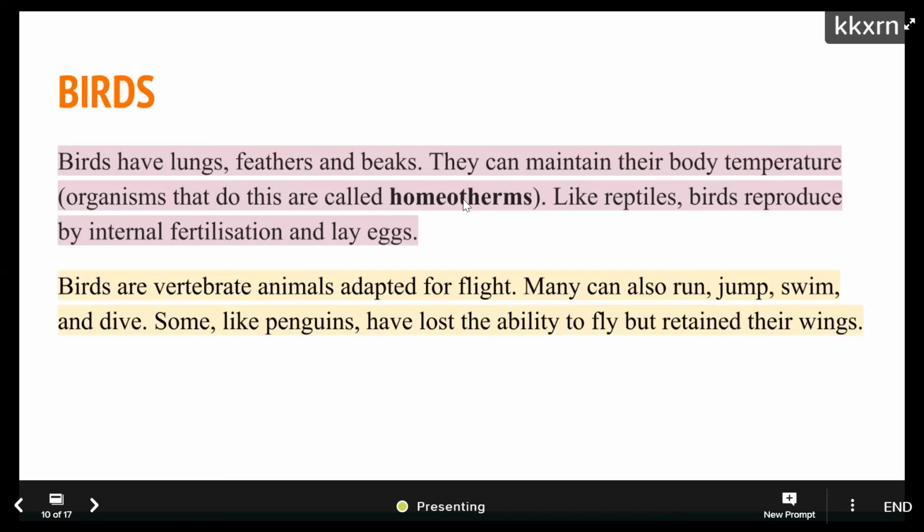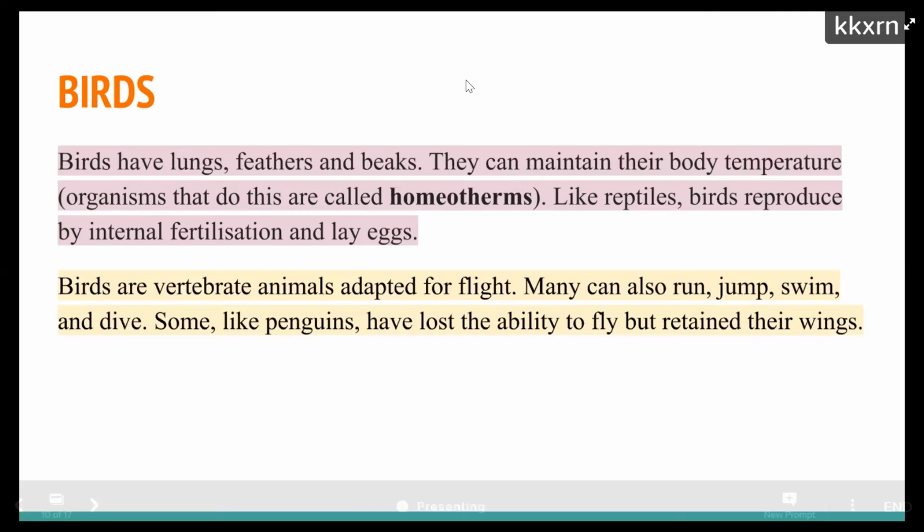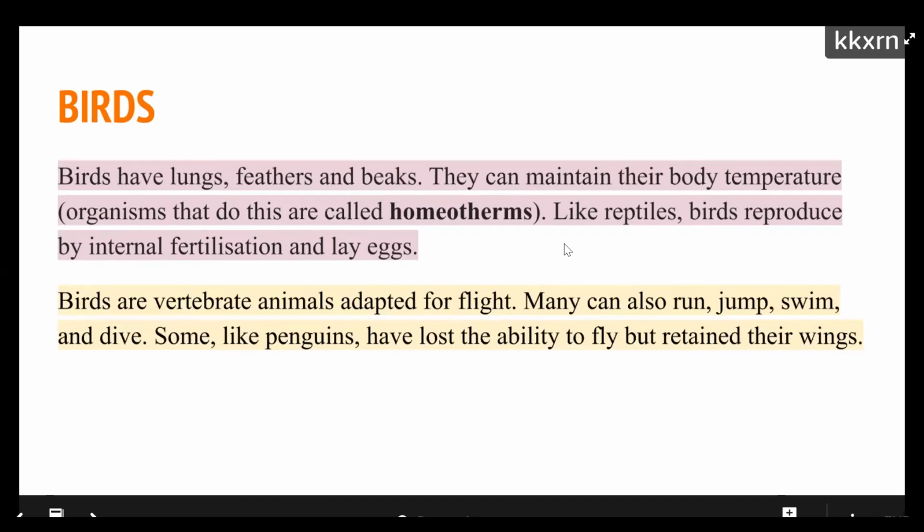But the most important characteristic that changes is that they are called warm-blooded or homeotherms, which means they are able to regulate their body temperature, okay? And what does it mean? Their body temperature does not change according to the surroundings.